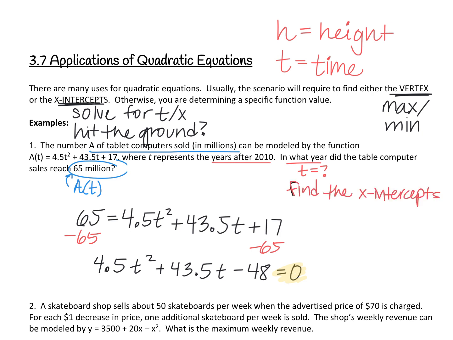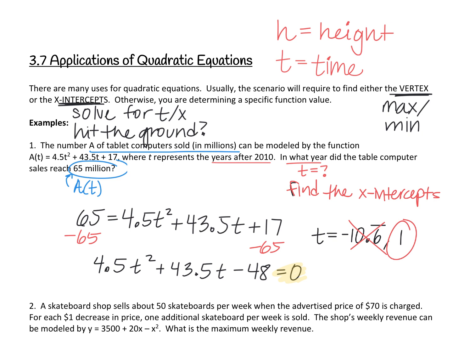Let's look at our graph and see, okay, what are my x-intercepts, and figure out which one actually makes sense. It tells me that T is either negative 10.6 or 1, because there's two x-intercepts here, but I do not want this one because we're in real life and we don't do negative time, okay? We would want this one, 1, but it says that T is the years after 2010.